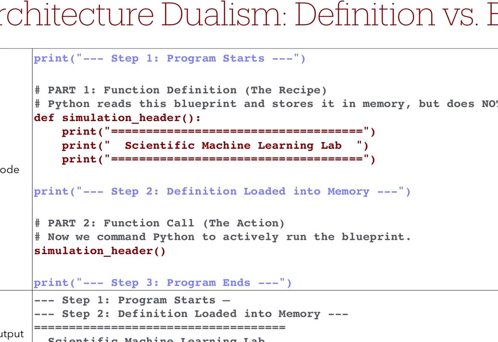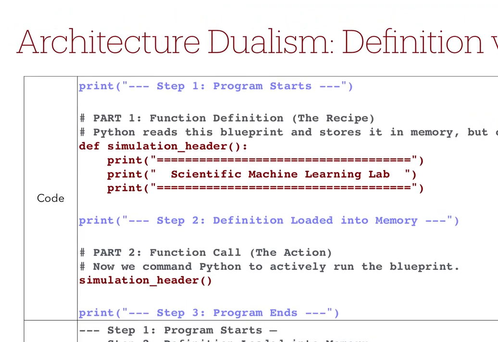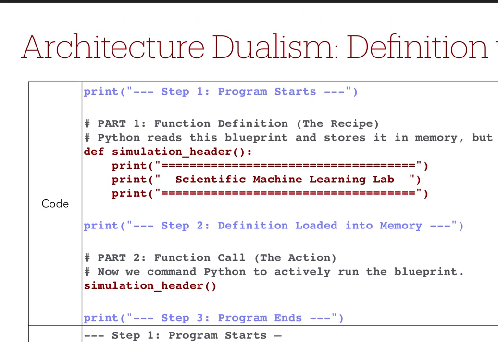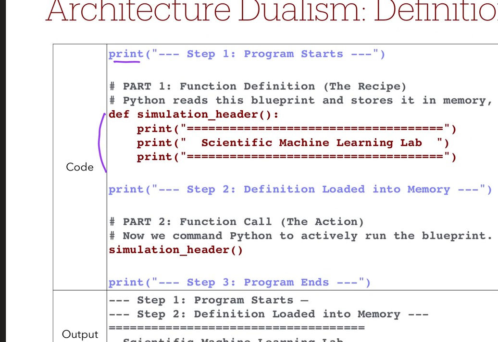So this is an example. My code consists of one print line, then here is the definition of a function. I will explain this definition in a moment in the next slide. And then I have another print function. If I type the name of the function followed by parentheses, then this actually calls the function.